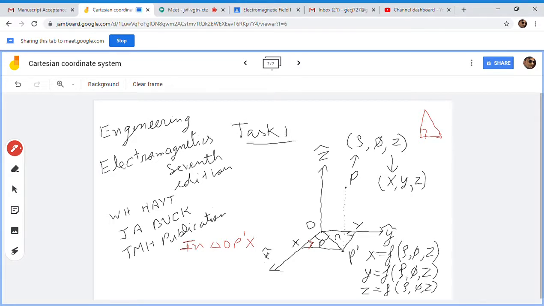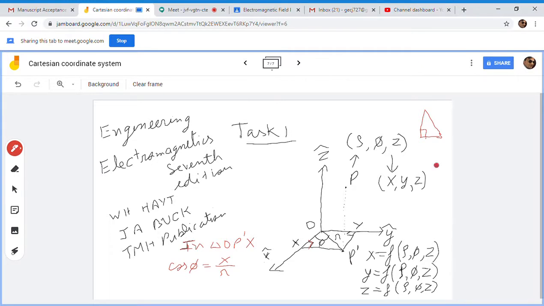So height will be your XP dash and base will be your OX, and this OP dash will be your hypotenuse. So if we write cos phi, sorry, cos phi will be OX, that is X upon R, the base divided by hypotenuse.